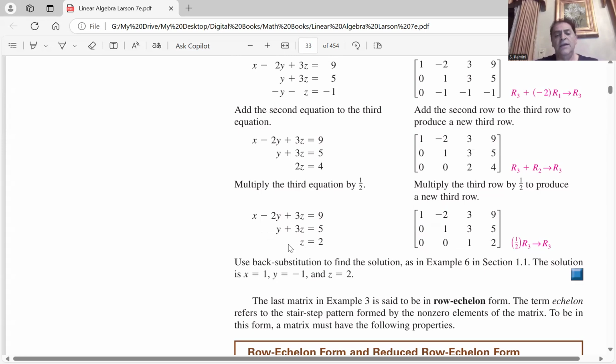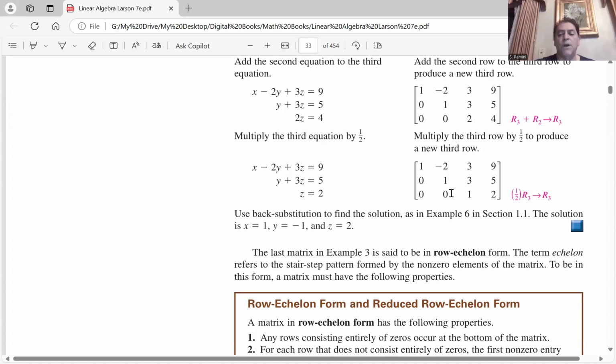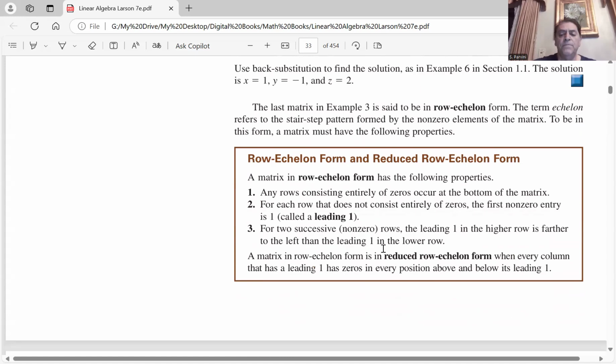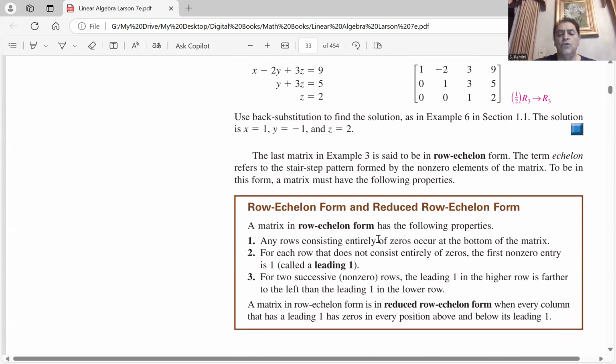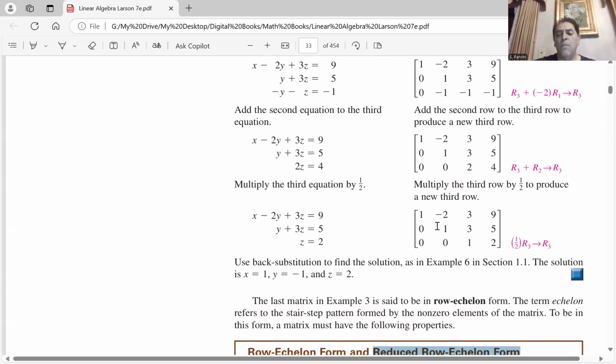This is again the idea of a stair step. We call this matrix to be in its Gaussian form, named in honor of Carl Friedrich Gauss. Now, the reduced row echelon form, that's when we actually go back and create zeros anywhere you see a 1.